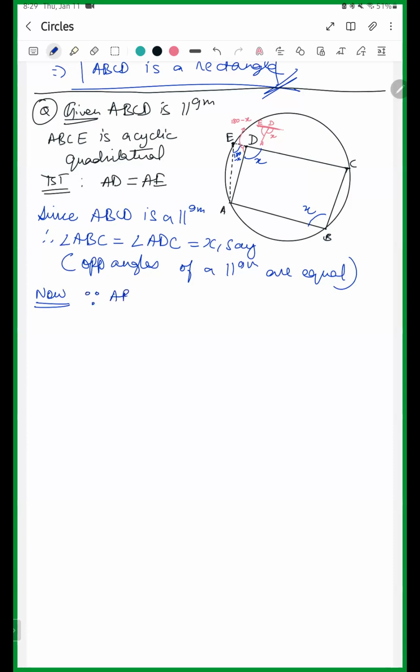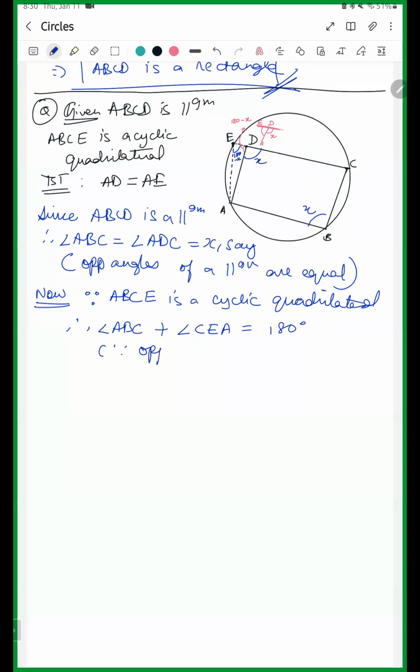Now, since ABCE is a cyclic quadrilateral, therefore angle ABC plus angle CEA is equal to 180 degrees. CEA is this angle over here. It is equal to 180 degrees since opposite angles of a cyclic quadrilateral are supplementary.